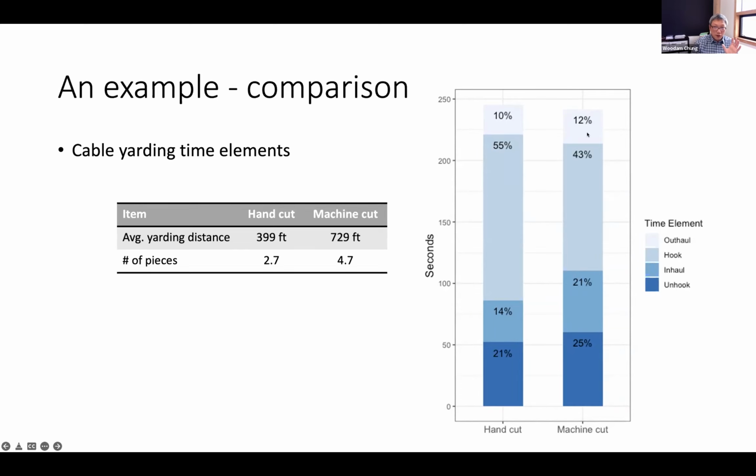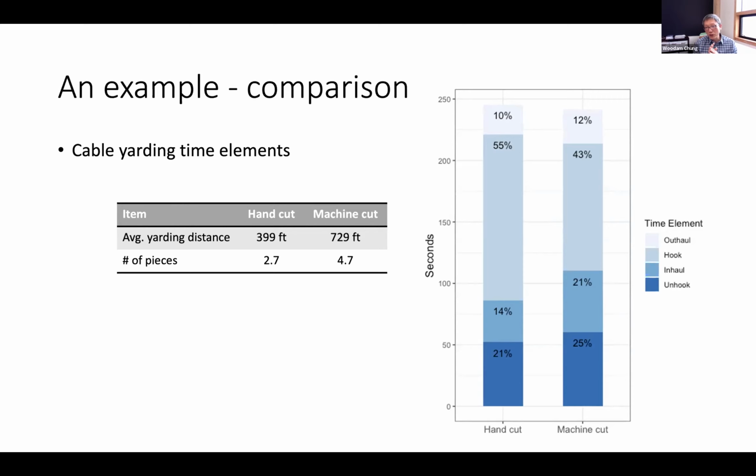But the large difference came from this hooking time here. Even though the choker setter has to hook almost double, like 5 trees instead of 3 trees, the time taken for hooking or choker setting was a lot shorter because logs or trees were there, okay, for him.